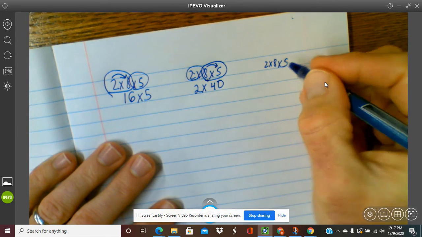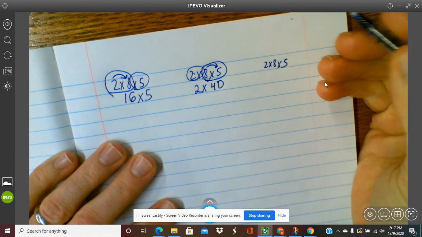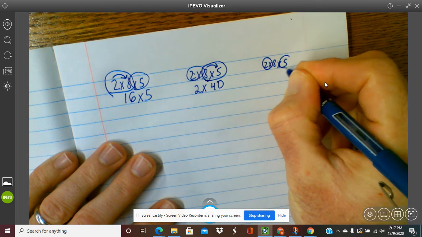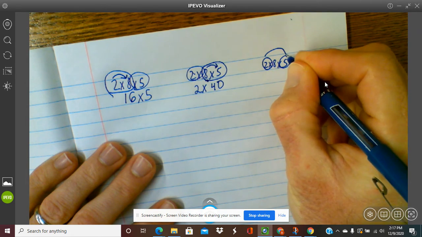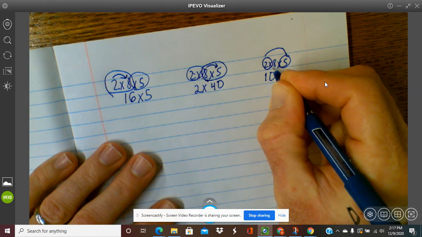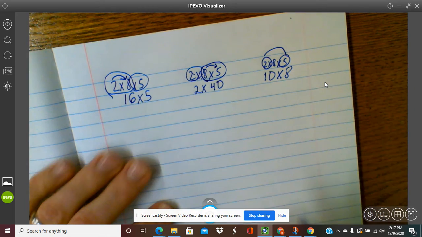When I'm multiplying all the numbers, I can multiply them in whatever order I want to. So I'm actually going to multiply 2 times 5. 2 fives is 10. Now I'm going to multiply by my third number, which is the 8.